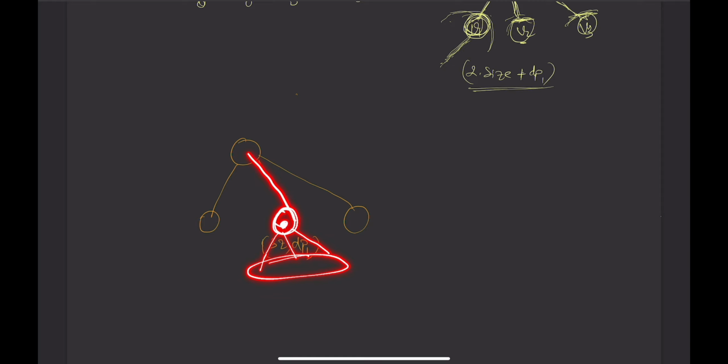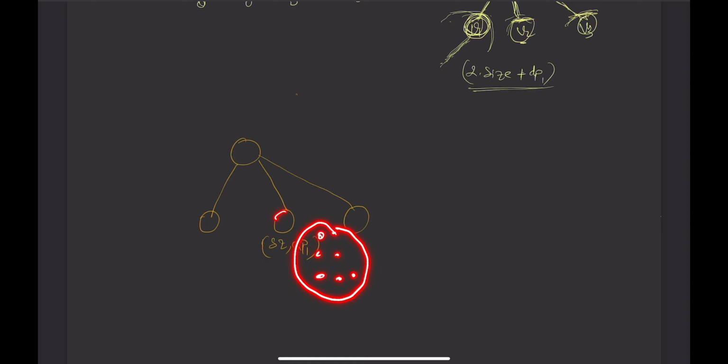So what is the value here? The value will be size plus dp, right? Why size? Because suppose there were this many nodes, so all these nodes' distances were incremented by 1, this node's distance incremented by 1.